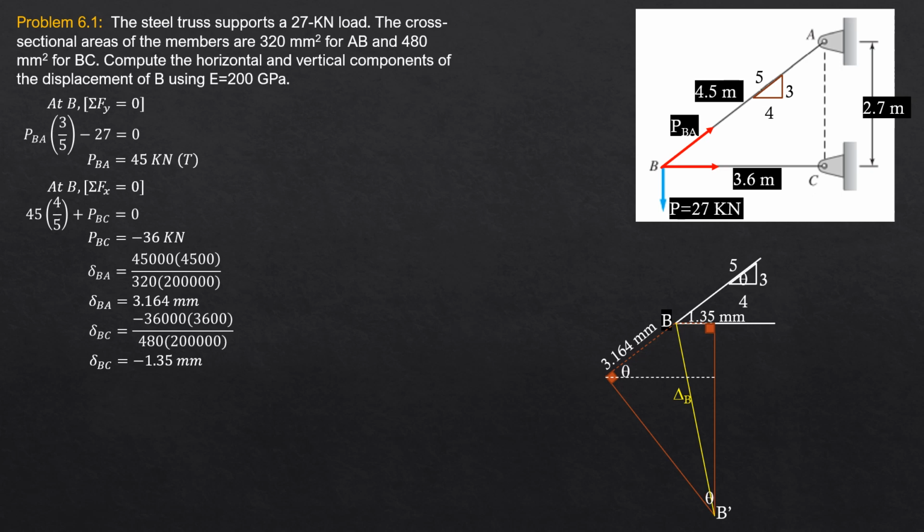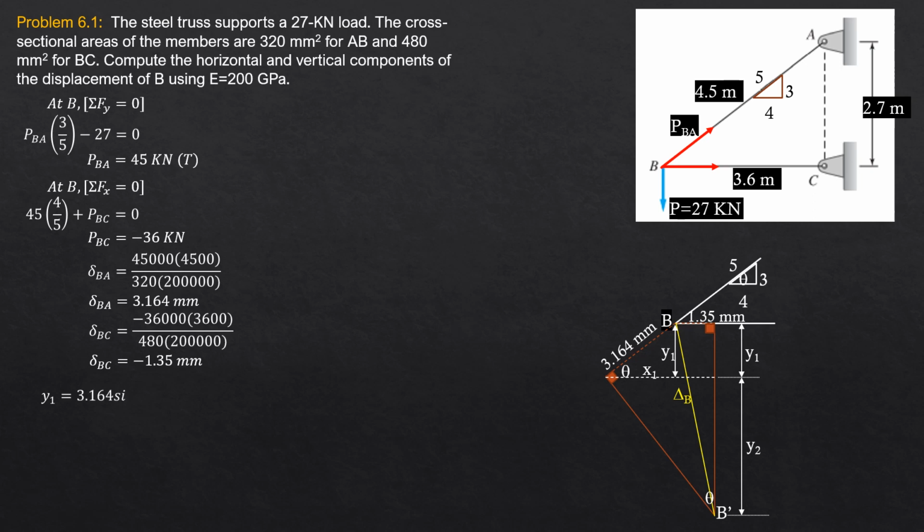This is also theta, the angle between the vertical and perpendicular to this incline by principle. So let's call that distance y1, and this one is x1. So this total horizontal movement is x1 plus 1.35, and call this y2. So that the vertical component of the displacement of B would be y1 plus y2 downward.